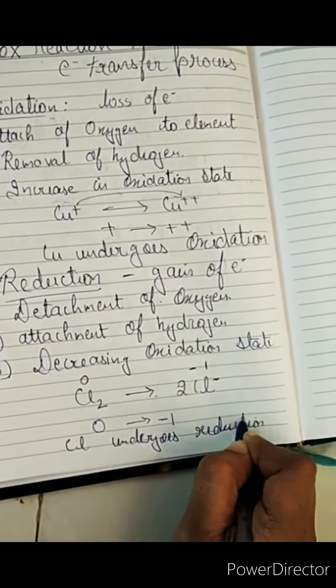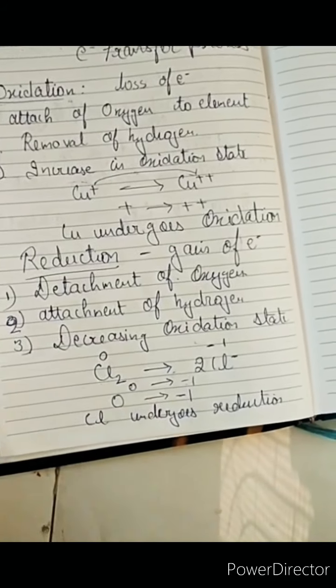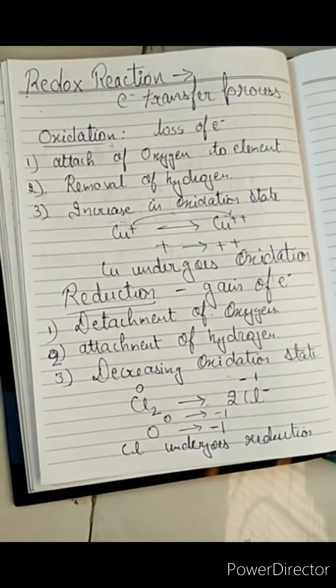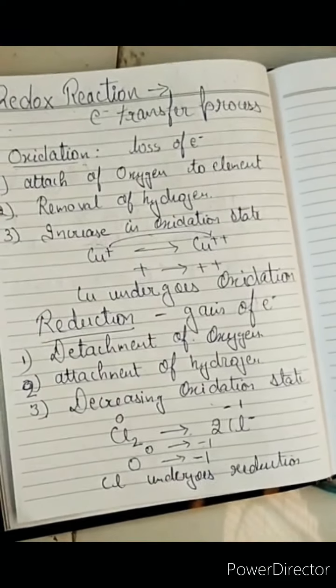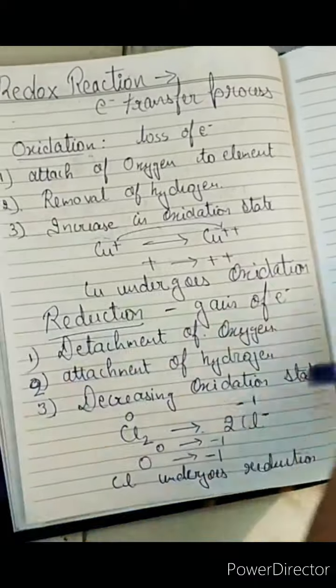It's decreasing, so it is decreasing oxidation state, which means it is showing reduction. I will make a separate video on oxidation state if you want. Okay, so now we will take some examples so that you will understand the concept fully.